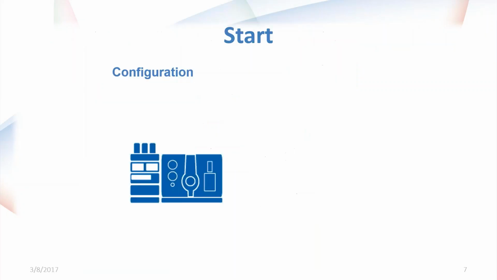Okay, so let's start off with step number 1. The software has a very easy to use graphical interface, and it allows you to configure your system or to set up the configuration of your system. So you can specify what instrument you're working with. You can specify what columns are being used. Now, in this case, as I mentioned, you'll use a series of orthogonal columns and thermostats to control the temperatures.